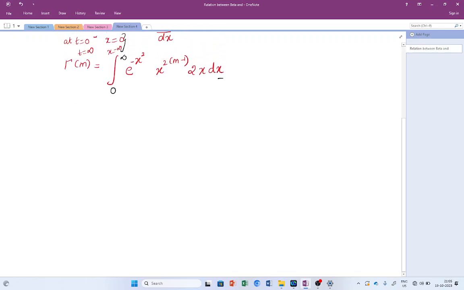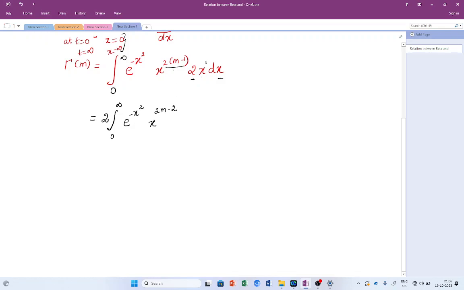Okay, so this is my gamma of m. Now I just simplify this. This is 0 to infinity; 2 is a constant, so I'm taking 2 outside. So 2 is outside, e power minus x square, x to the power of 2m minus 2, since here I'm having x to the power of 2 into m minus 1, that is 2m minus 2.